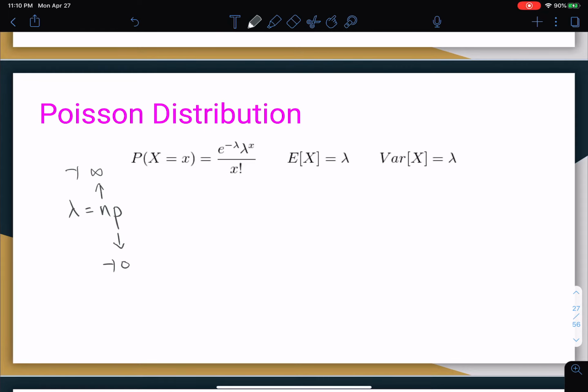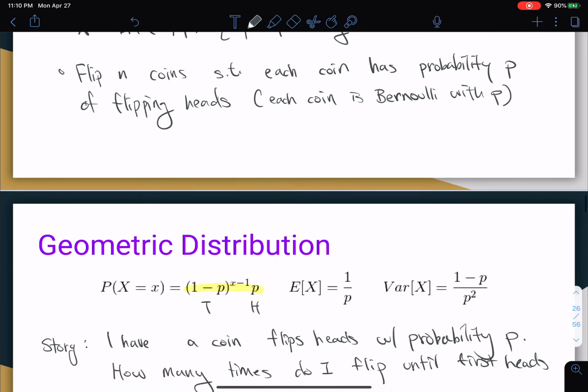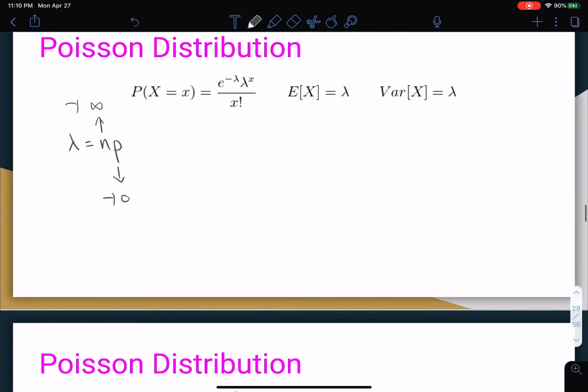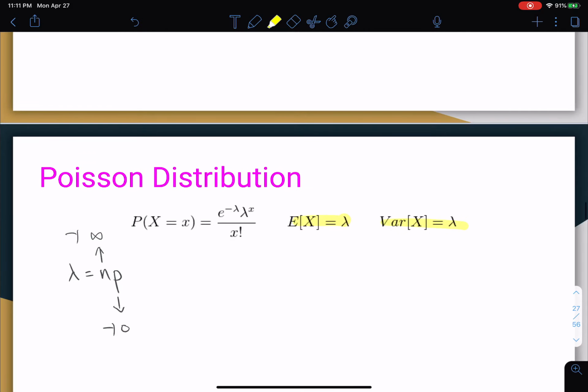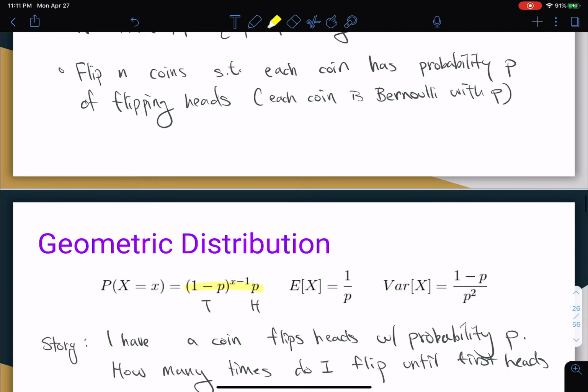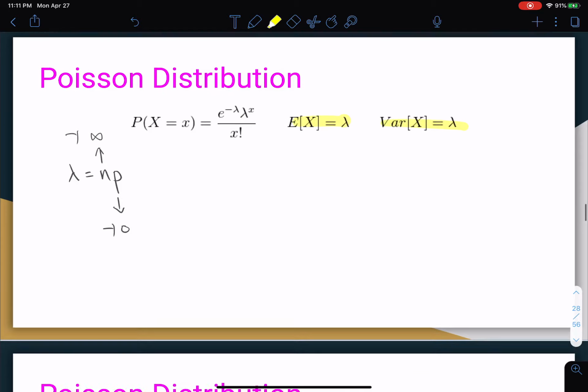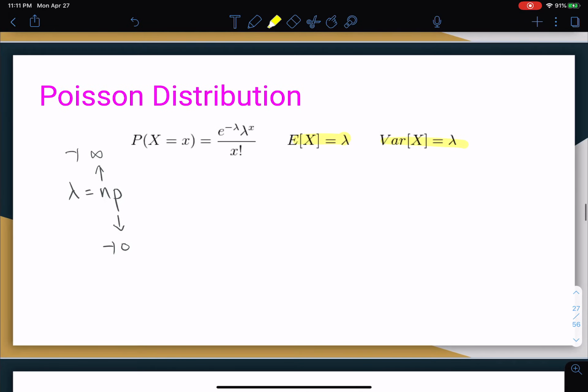So Poisson distribution is basically taking these binomial geometric to infinity. And we have expectation and variance that follows from these definitions. Okay. So let's just move on ahead. That's Poisson distribution.